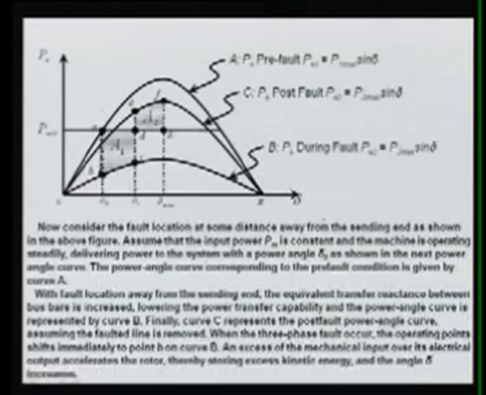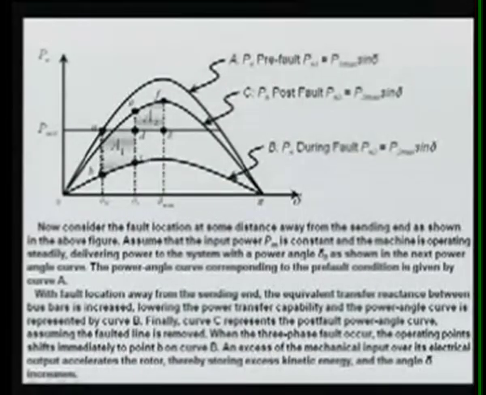To understand this, now you can see the curves. We have now 3 curves. One is your pre-fault, another is your post-fault, and then another is during the fault. So let this curve be A, the outer curve from 0 to pi, and that is denoted by A, and it is called the pre-fault curve.